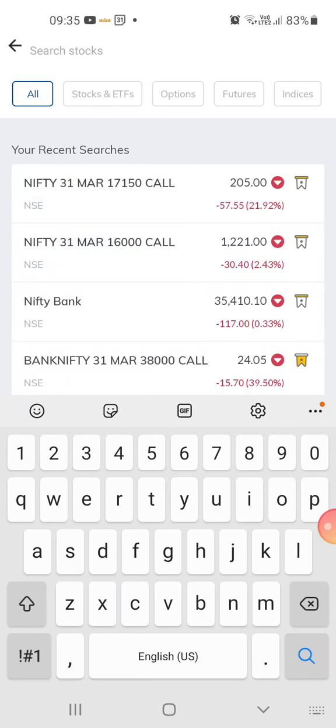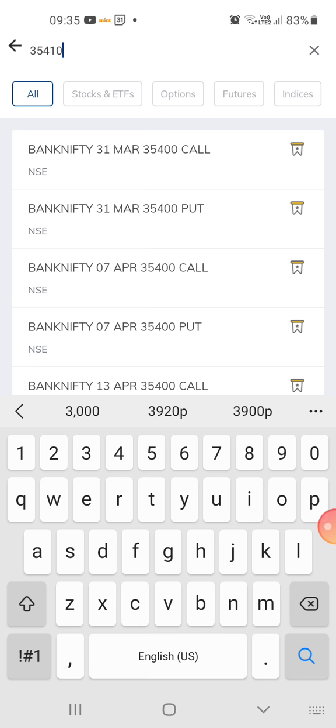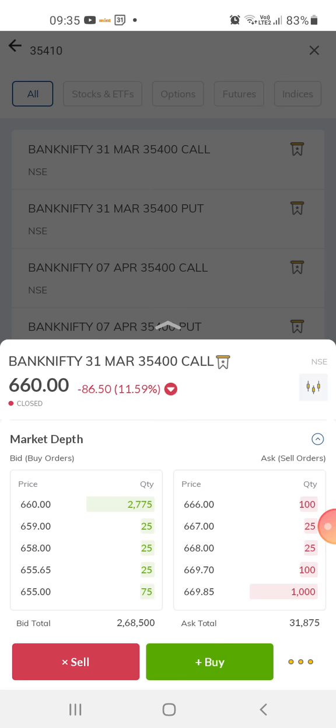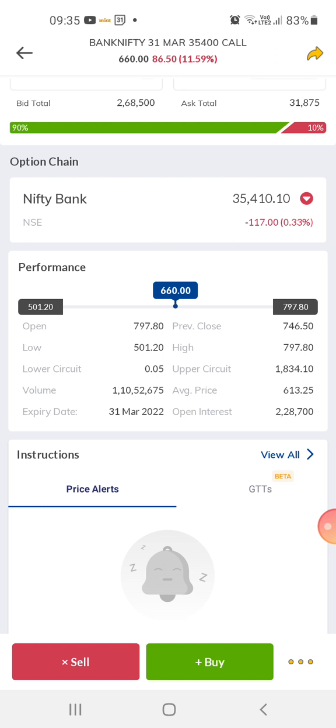So if you go for the 35,400 call, this is at the money, and it is 660. You get a very good range on this. If you check, the low on this is 501 and the high is 797.